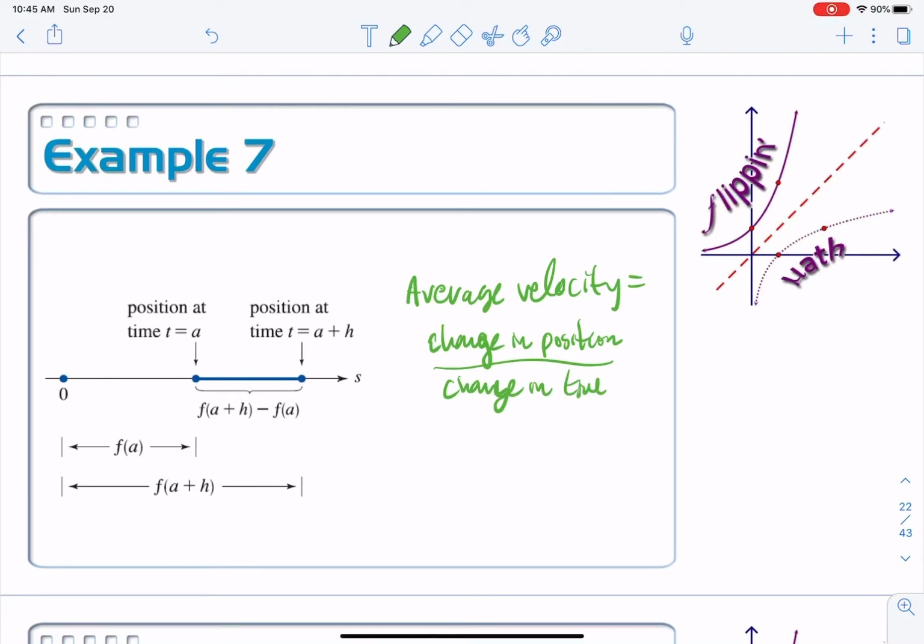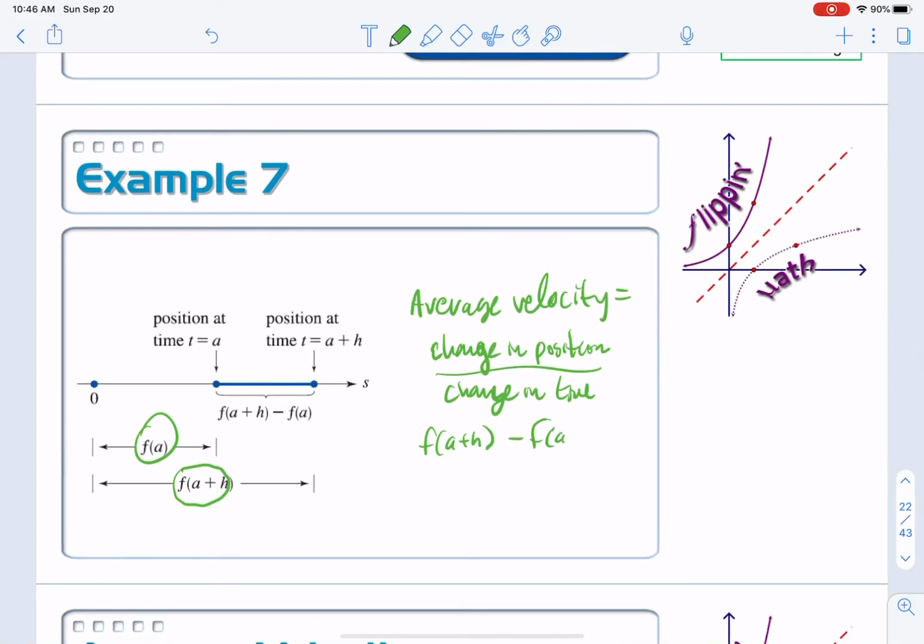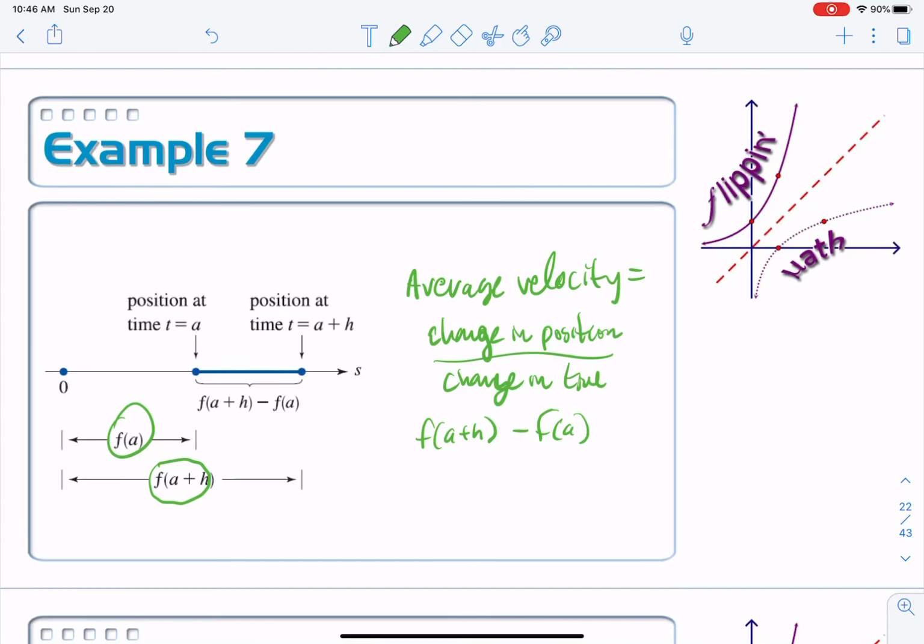So let's use the quantities that are given in this picture here. So the change in position here, I'm going to start at this f of a plus h and end here at f of a. So there's my change in position. So, delta y, except they're not y coordinates, over some change in time. So my change in time here, going in the same order, this a plus h minus a.